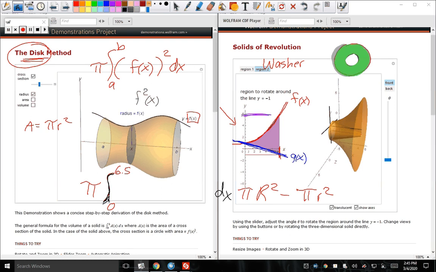Now we've got to come up with something that shows big R squared minus little r squared. So in green, I'm going to show you big R. And I'm going to show you big R from its center of rotation.